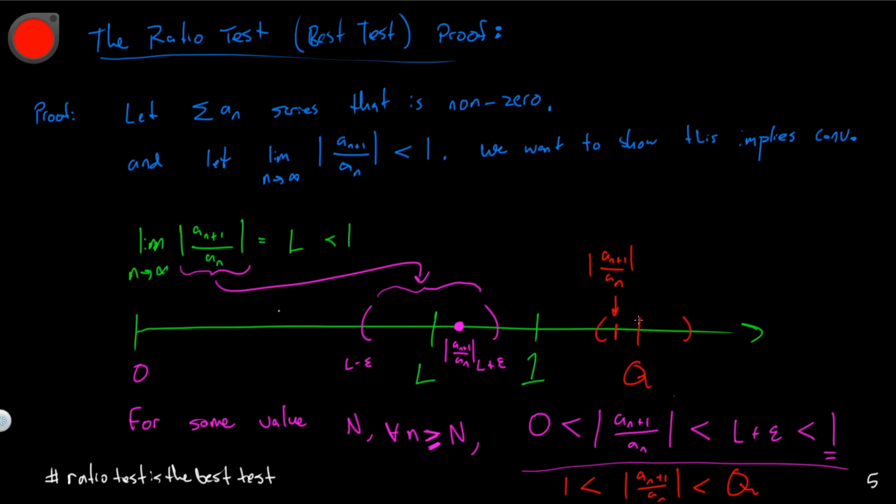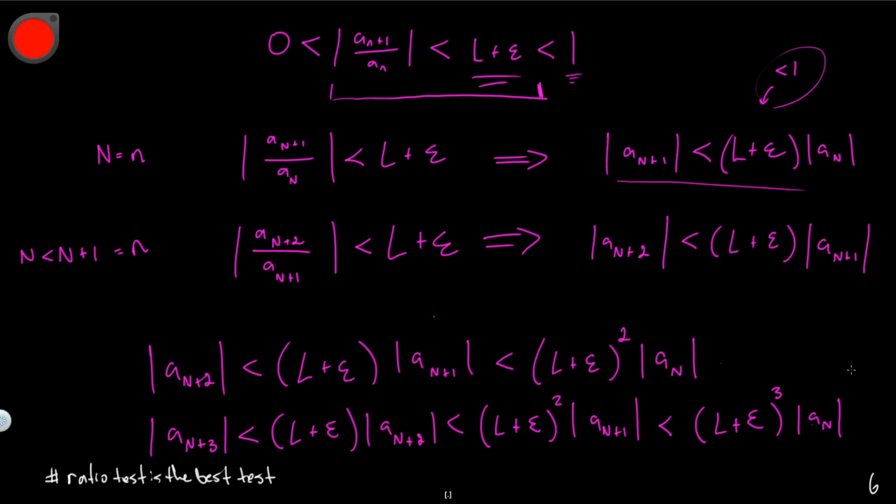Or in this case, actually, I want to write it this way. L minus epsilon is less than a sub n plus 1 over a sub n, which is less than q. All right, and if I continue this, I'm just going to end up having a bunch of flip-flopped inequalities with some minuses.